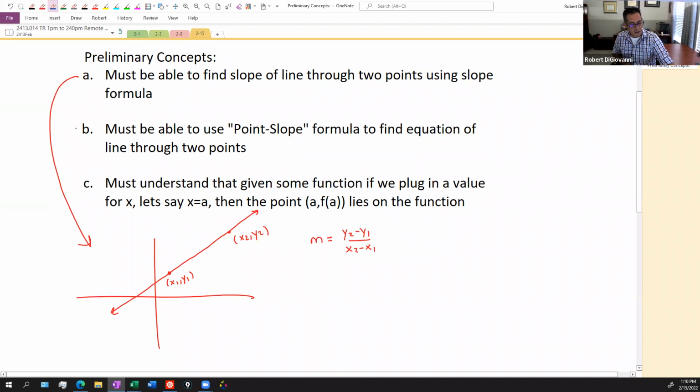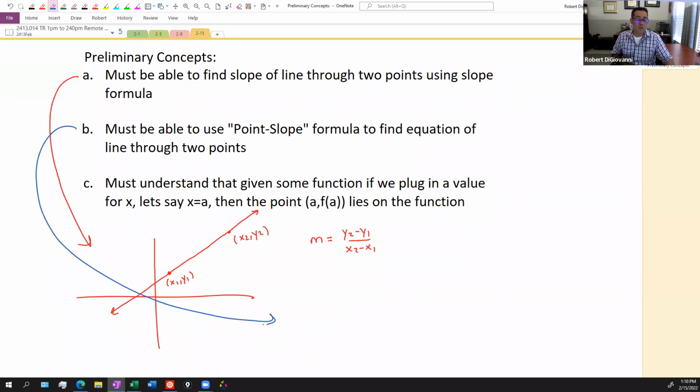The second thing you need to know is that if you have a line that goes through 2 points, you should also be able to come up with the equation of the line. So the slope just tells you the pitch of the line, but you should also be able to come up with the actual equation of the line. And that requires you use this thing called the point slope formula. This should look familiar to you.